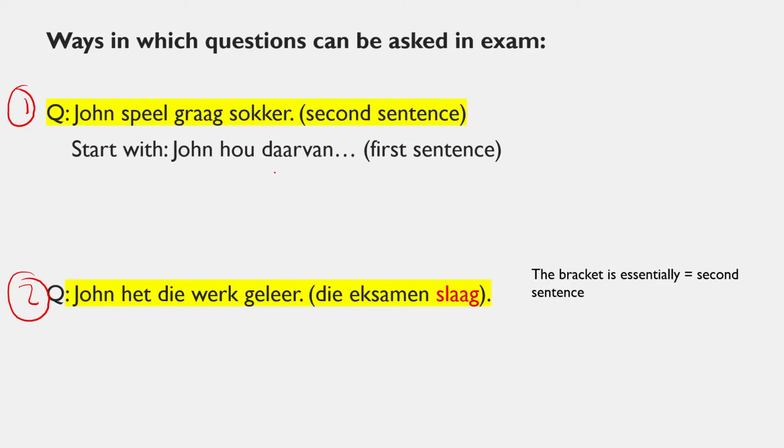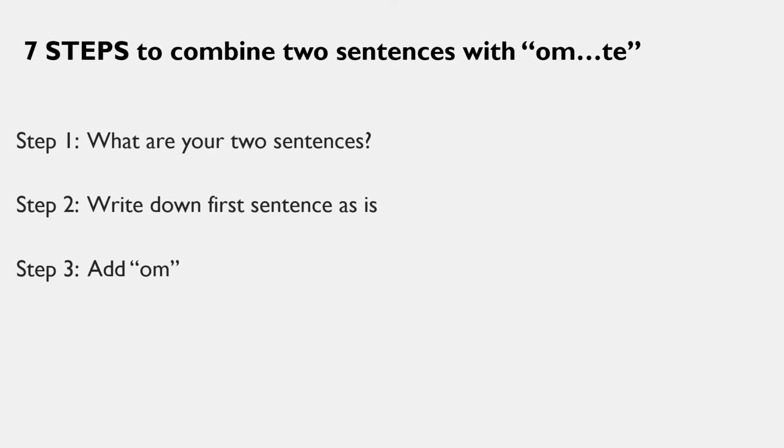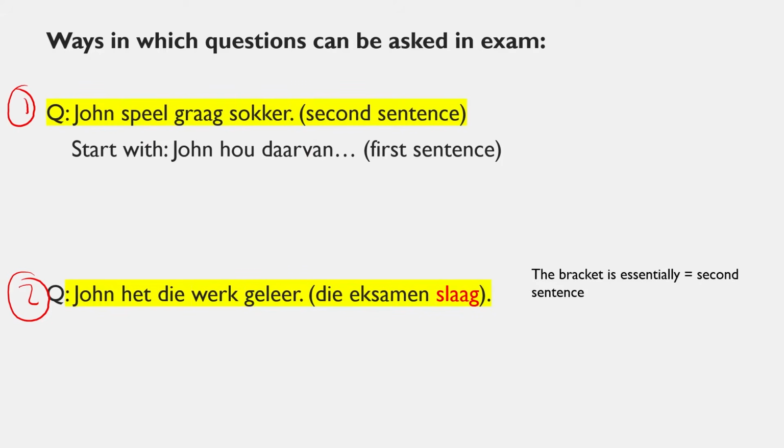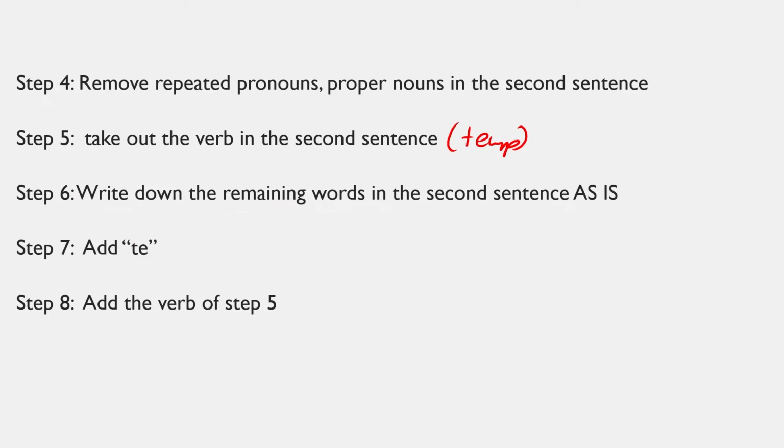Now remember, my step 1 says, what are your two sentences? Your first sentence will be what the examiner tells you to start with. So what is our first sentence? John hou daarvan. Cool. And then your second sentence is what the question was. John speel graag sokke. So that will be your two sentences and you will follow the exact same steps.